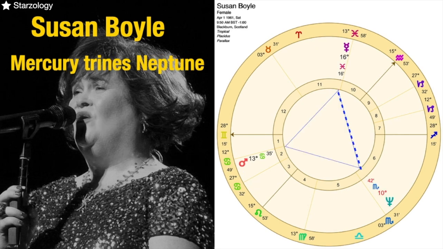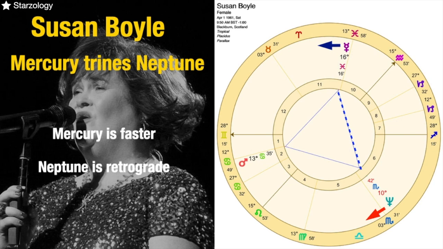Another example in her chart, she has Mercury trining Neptune. Mercury is direct, Neptune is retrograde. So here Mercury again will go 17, 18, 19, and Neptune is going to go 9, 8, 7, 6. Although Mercury is faster and Neptune is retrograde, Mercury is still separating from Neptune because the exact aspect has passed.